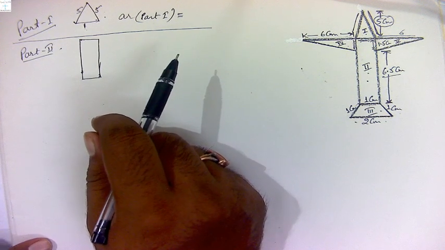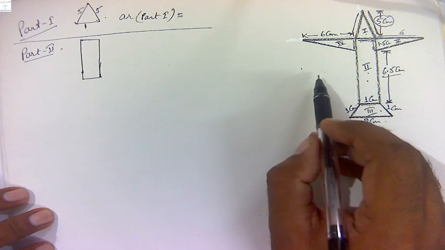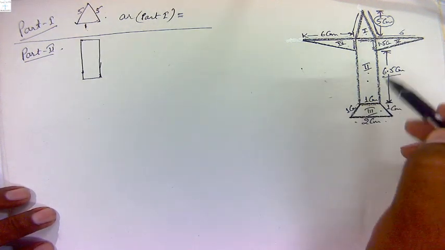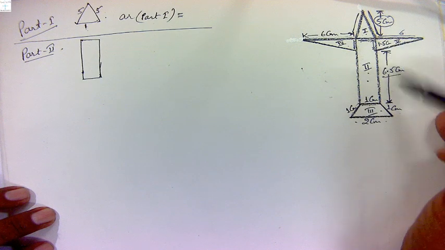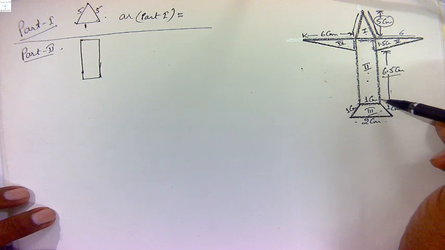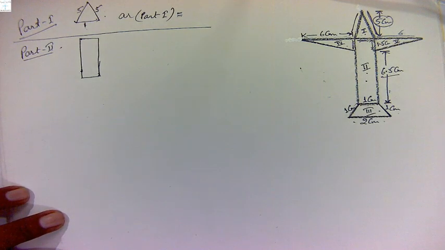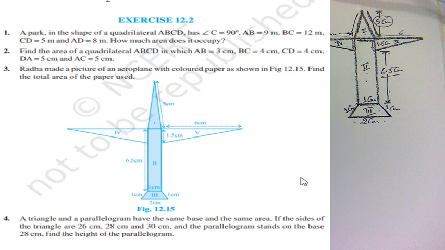In this rectangle, what is there now? You have the dimensions, one as 6.5 and the other one as 1 centimeter. Here in the figure, actually, if you check it out, it is shown here, this whole part is 6.5 centimeter.